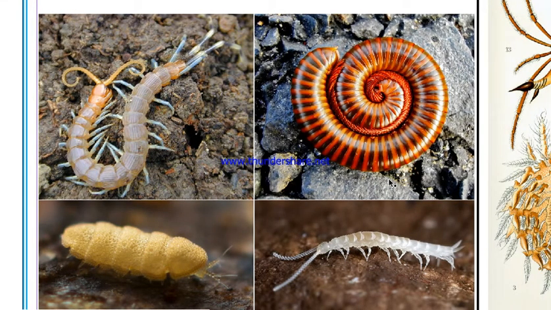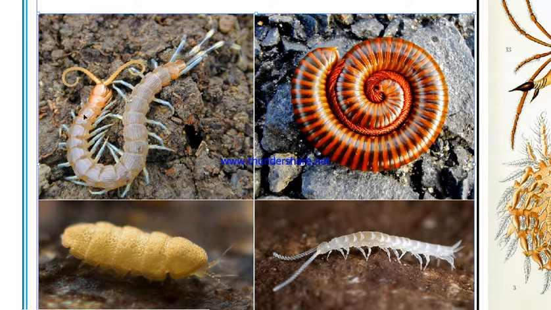Their body can be divided into head, thorax and abdomen. One distinguishing feature of this creature is that a pair of appendages emerges from each segment of the body.